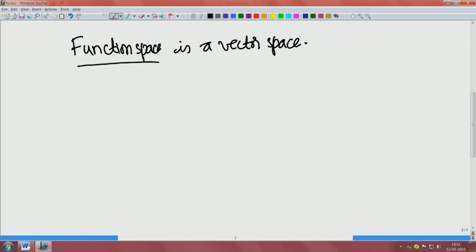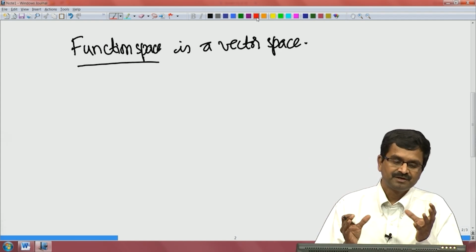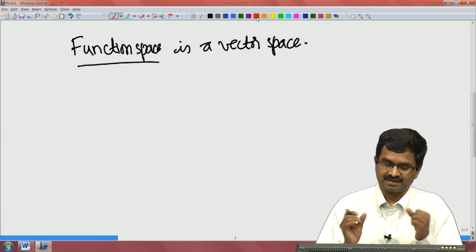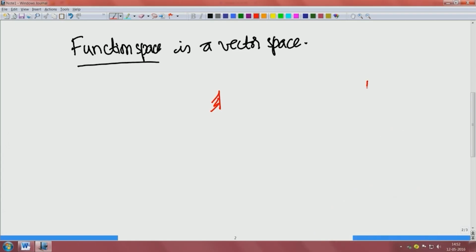Let us take a simple example from mechanics to understand why you need to worry about this function space. It is just a group of functions, we could just leave it at that, but actually it is not as easy as that. Let us say I take a string that is taut, pulled with some tension.